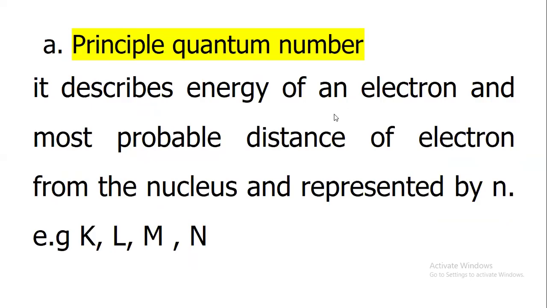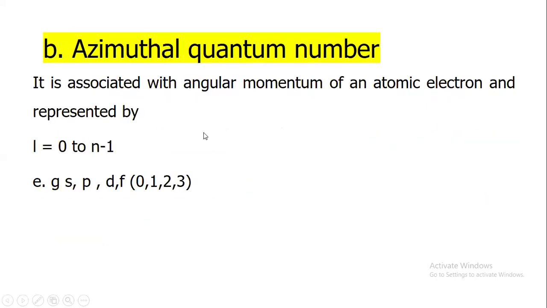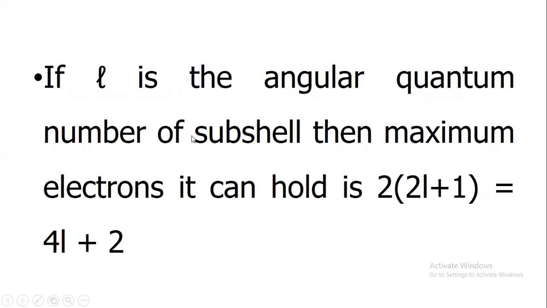Principal quantum number: it describes the energy of the electron and the most probable distance of the electron from the nucleus, represented by n, for example K, L, M, N. Azimuthal quantum number: it is associated with the angular momentum of the atomic electron and is represented by l, from 0 to n minus 1, with s, p, d, f as 0, 1, 2, 3. If l is the angular quantum number of a subshell, the maximum number of electrons it can hold is 2 times (2l plus 1).